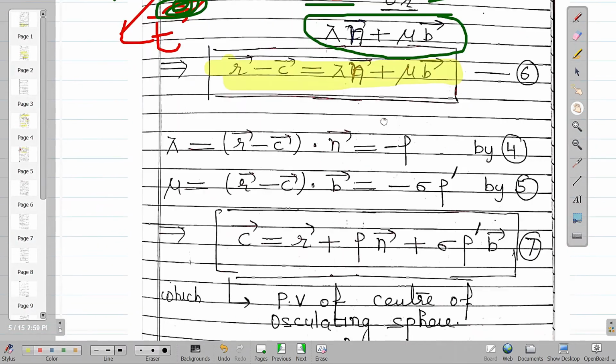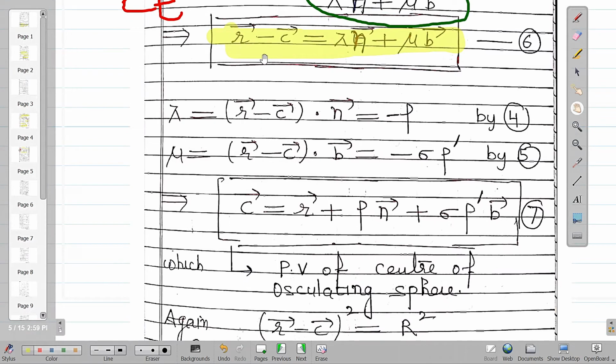This becomes (r minus c) dot n. This term will be 0 and this term will be lambda. And by equation number 4, that I already said, remember this result, this value is equal to minus rho. So from this we get the value of lambda.